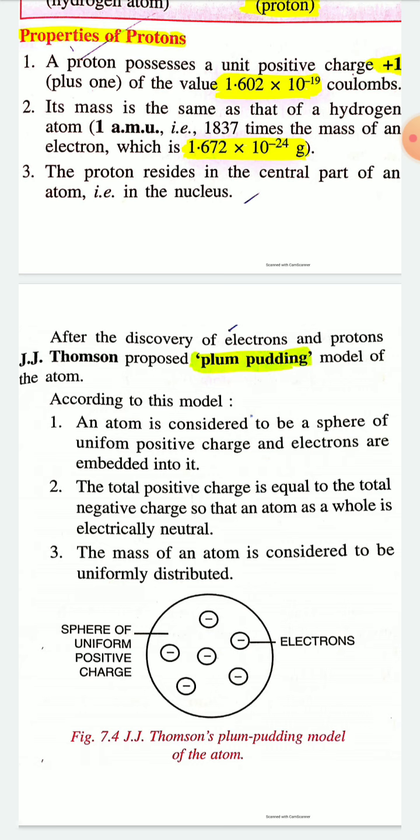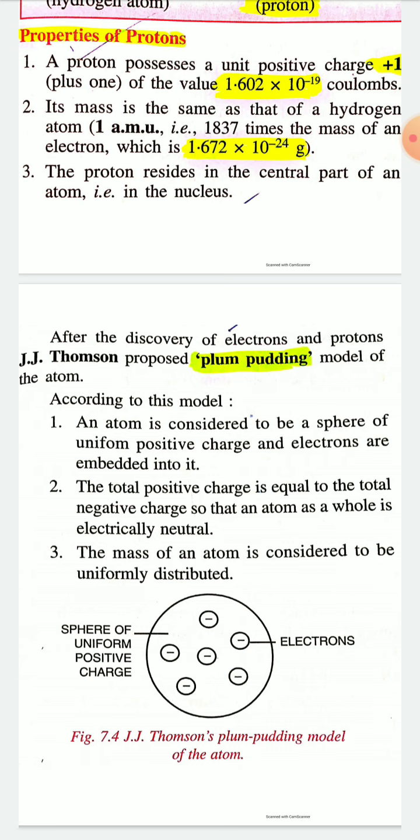According to this model, an atom is considered to be a sphere of uniform positive charge, which is shown in figure 7.4, J.J. Thomson's plum pudding model of the atom. Electrons are embedded into it.